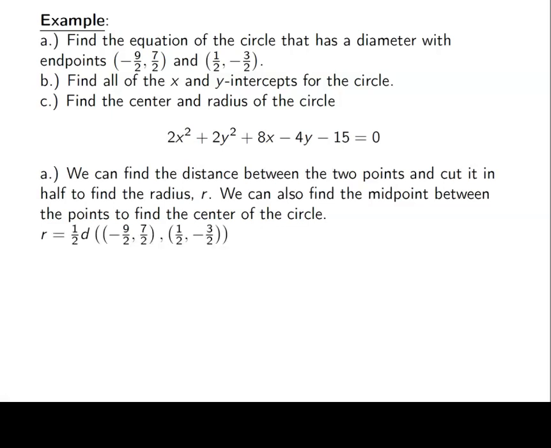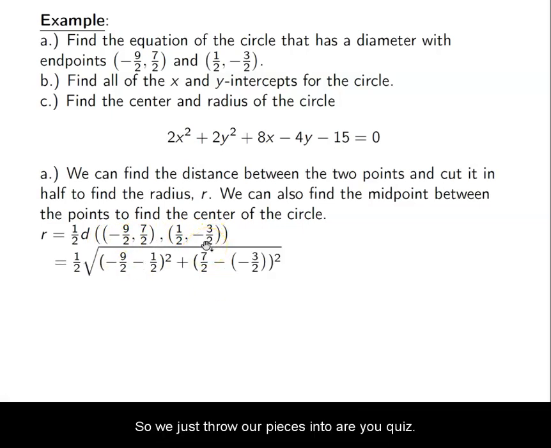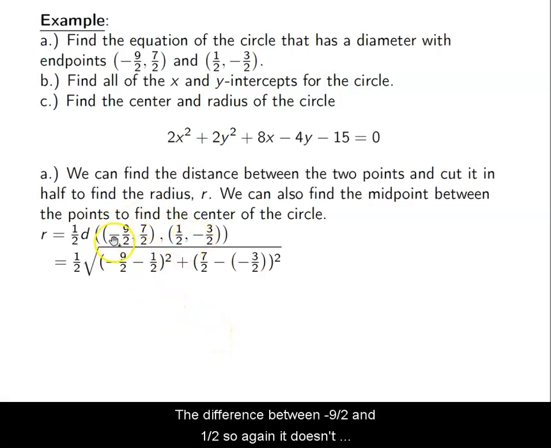So for R, we have 1/2 times the distance between this point and this point. So we just throw our pieces into our equation. We're going to have the difference between -9/2 and 1/2. So again, it doesn't really matter what order we put them in, because we're going to end up squaring it and it's going to be positive anyways.